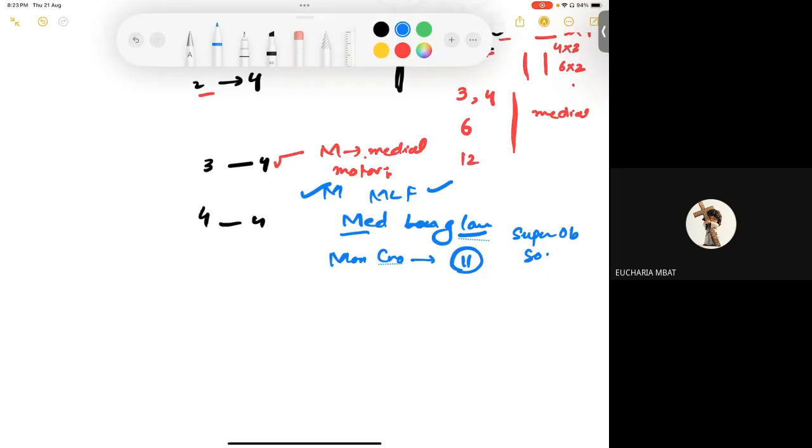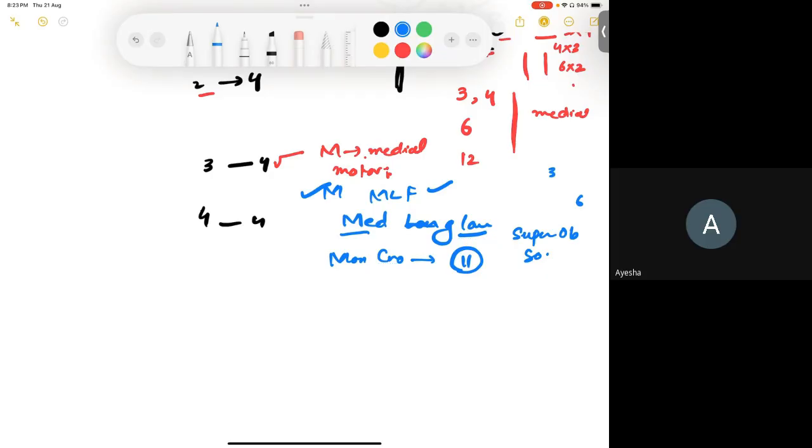What's that? The third one, mandibular, which is going to supply the muscles of mastication, right? Okay, so that's the 5. The 6th cranial nerve, abducent, motor, lateral rectus, right? So it's also going to be present medially. The 7th, facial muscles, right? The 9th cranial nerve also has a motor nucleus, right?